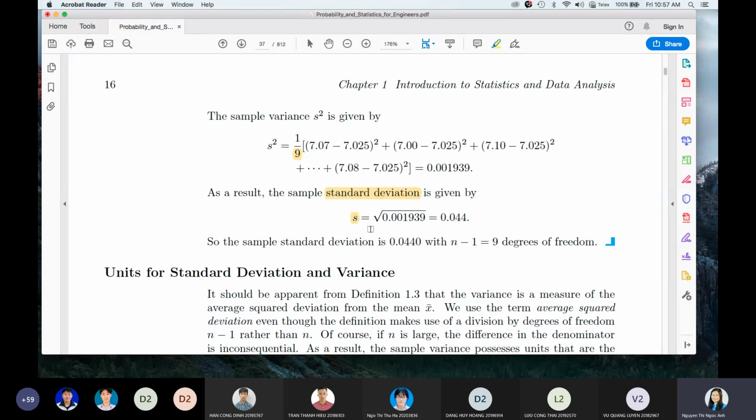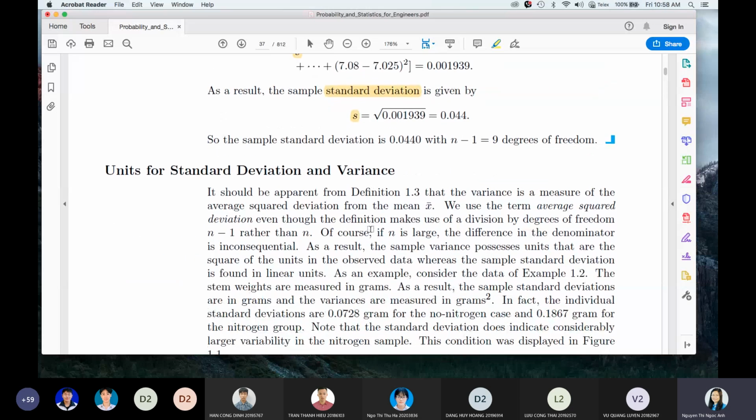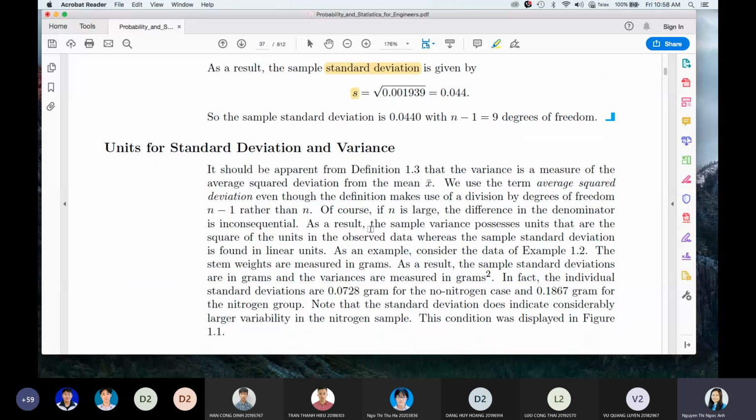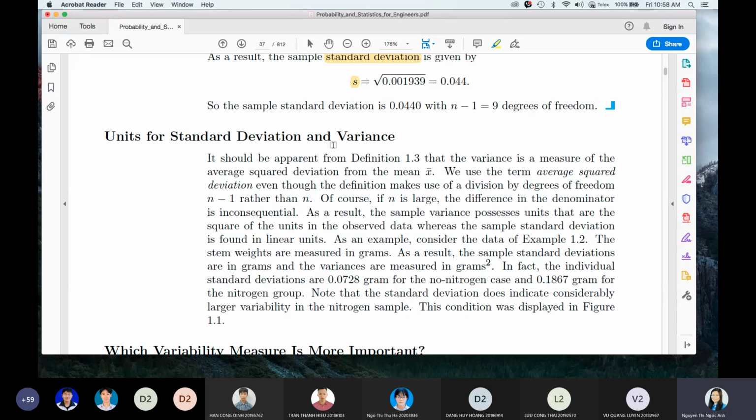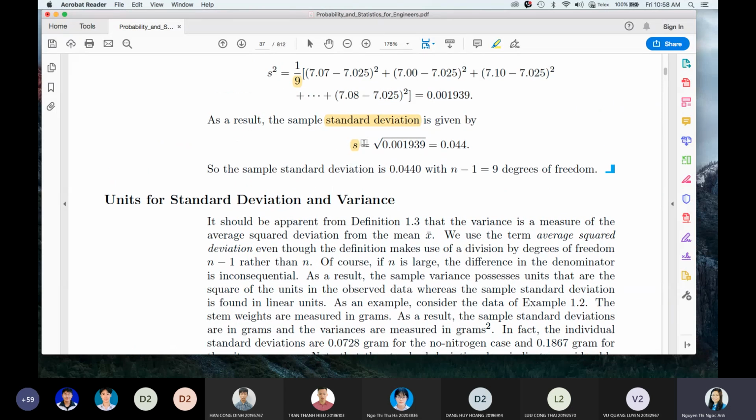Here is the standard deviation. It's S. And how do we compute it? I have shown you. Why must we use the standard deviation to replace the variance? Because of the unit. If x has the unit of a centimeter, the variance is squared, so the unit of variance is centimeter squared.